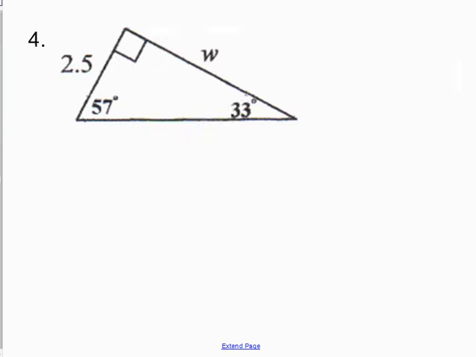All right, another one. Okay, now I have two angles, which means I could use either one of those angles. I think I'm just going to choose 33. So I've got the 33, and I've got an opposite side, and I've got the adjacent side.